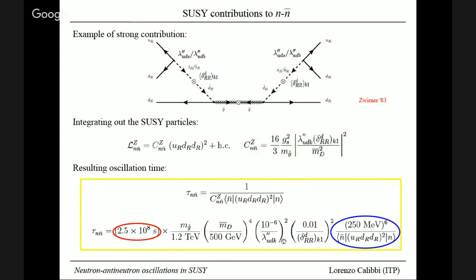Rather small baryon number violating couplings are sufficient. I'm taking this value for flavor violation, and as I was mentioning, I'm taking the hadronic form factor of the order of, for dimensional reasons, 6 powers of the QCD scale.